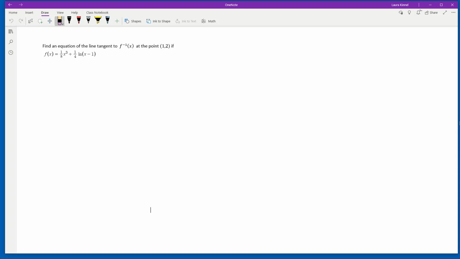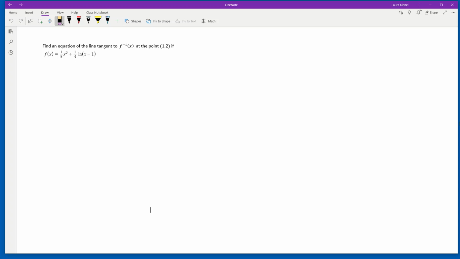One question actually is whether we're sure that has an inverse. We'll come back to that question in a minute, but for right now, let's just assume that it has an inverse and try to find the equation of the line tangent.